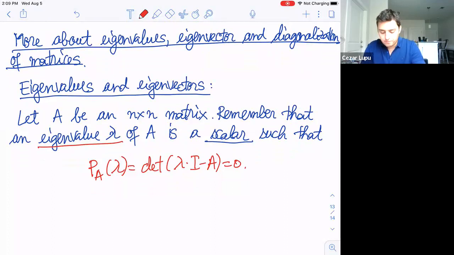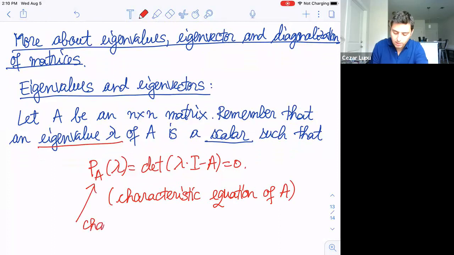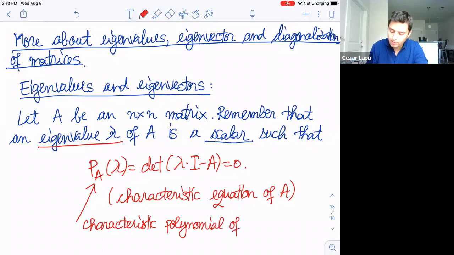So this is what we call the characteristic equation of A, and this here is what we call the characteristic polynomial of A. Keep this in mind.